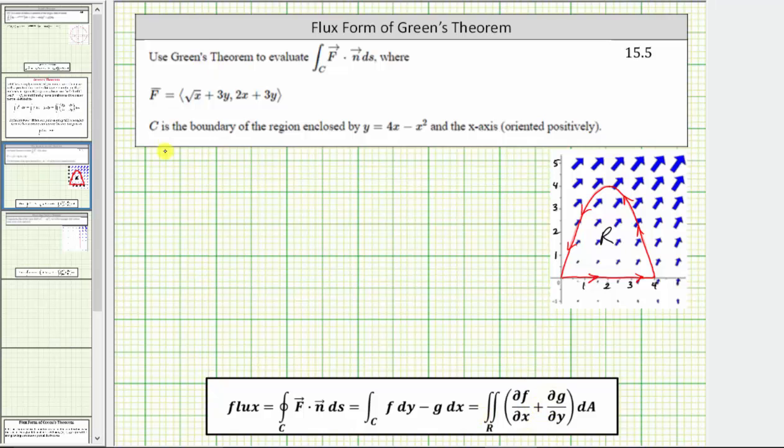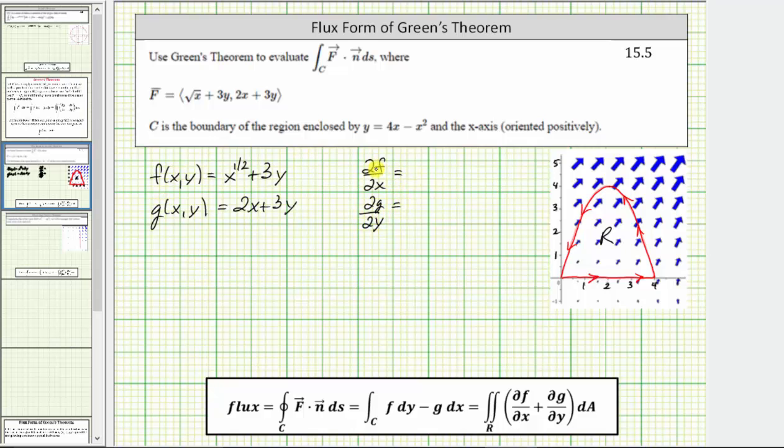Looking at the vector field F, notice how the x component, which we'll call little f, is equal to, let's write this as x to the 1/2 plus 3y, and little g, the y component, is equal to 2x plus 3y. And now we need to find the partial of f with respect to x and the partial of g with respect to y.